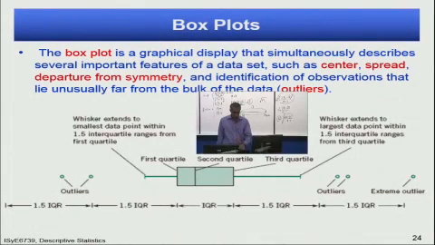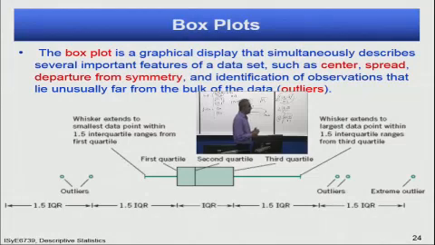Okay. And here you have your minimum data point, excluding outliers. And this guy is the maximum value when you exclude outliers. Does it make sense? Okay.